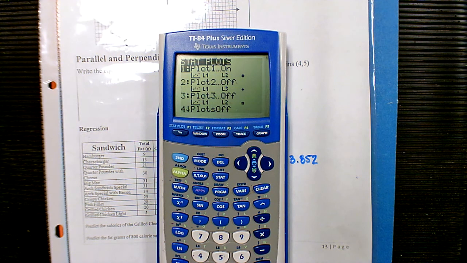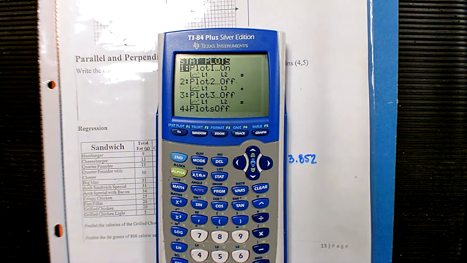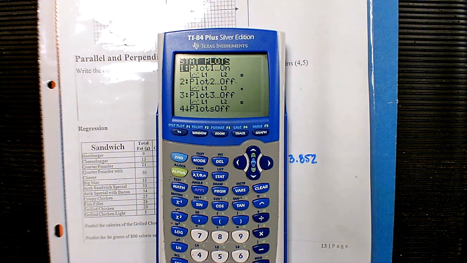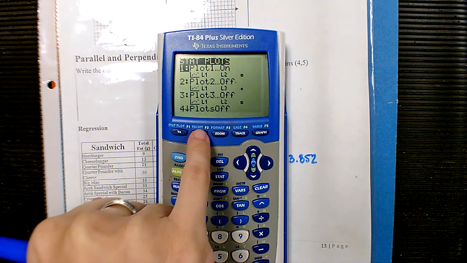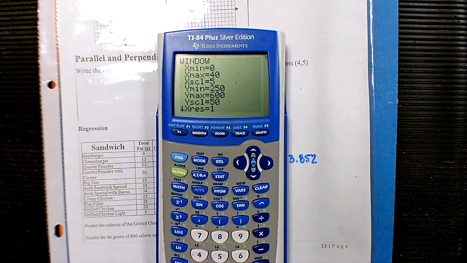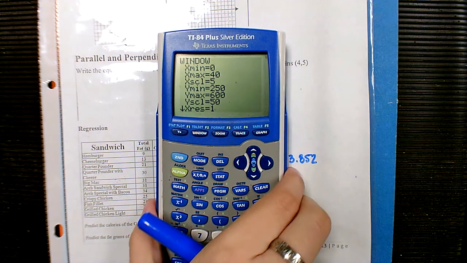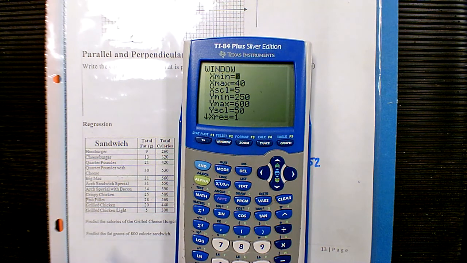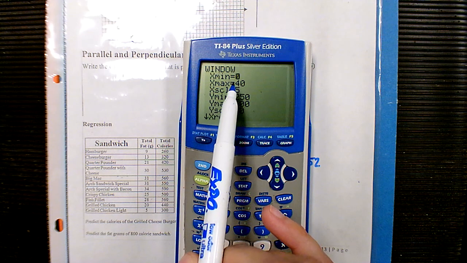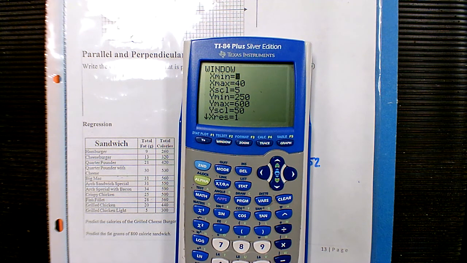All right. Is everyone's stat plot on? Good to go? Okay. Let's not get ahead of ourselves just yet. We can't graph it yet. We have to go to the window button and make sure that the window we have set is appropriate for the data that we have. Yesterday we used the data table to help us with these numbers. Notice how the lowest x value was 5, but we went a little lower than that, just to make sure we could see it.